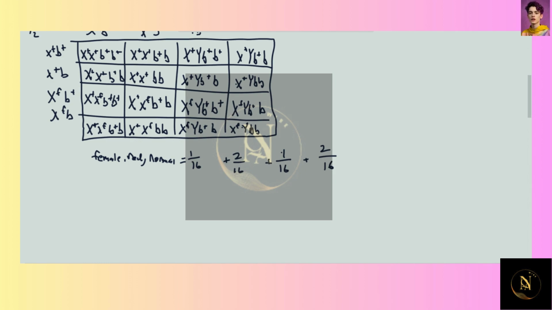These genotypes will be X+X+ B+B+, X+X+ B+b, X+X^F B+B+, and X+X^F B+b. So this phenotype will be 6/16 then.